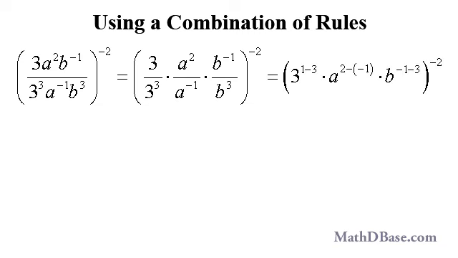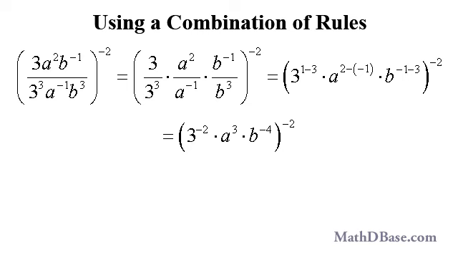Using the product rule to simplify each factor, we get 3 to the 1 minus 3 times a to the 2 minus negative 1 times b to the negative 1 minus 3, all raised to the negative 2, which simplifies to 3 to the negative 2 times a cubed b to the negative 4, all raised to the negative 2.